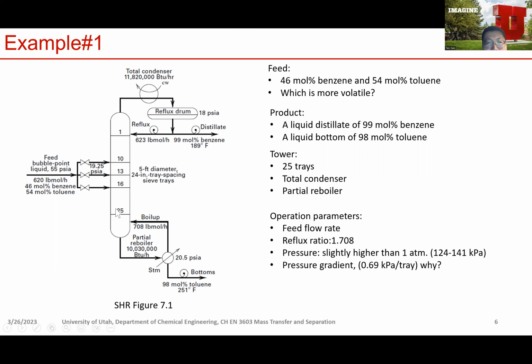The reason being that in each tray, the vapor goes through the tray, and the tray is loaded with a liquid. So the vapor needs to overcome the resistance to flow through the liquid. So you need to have a pressure drop across each tray to provide that driving force.